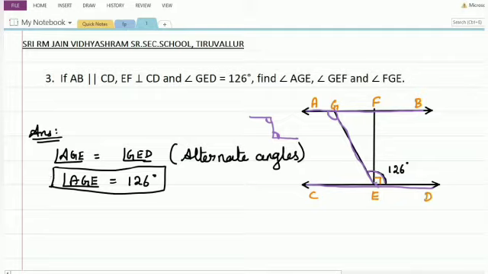So GEF. So when you observe here, GED is the full angle and it is divided into two. Yes, one is GEF and the other one is FED. And FED is given as 90 degree. So how to find out this GEF angle? When I subtract 90 degree from 126 degree, I will be getting what is GEF.